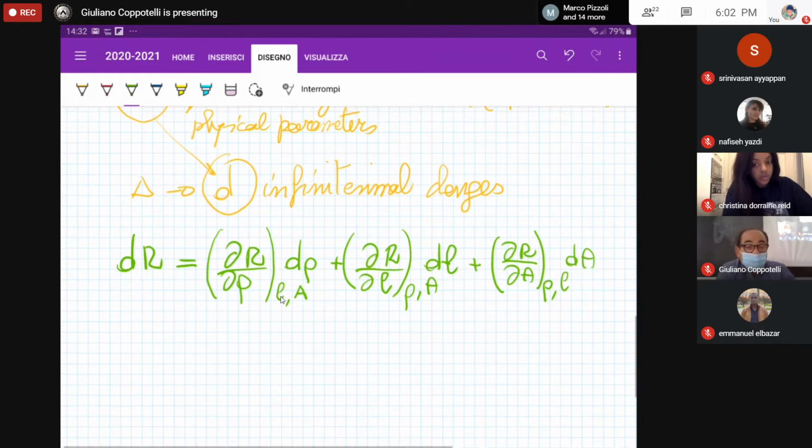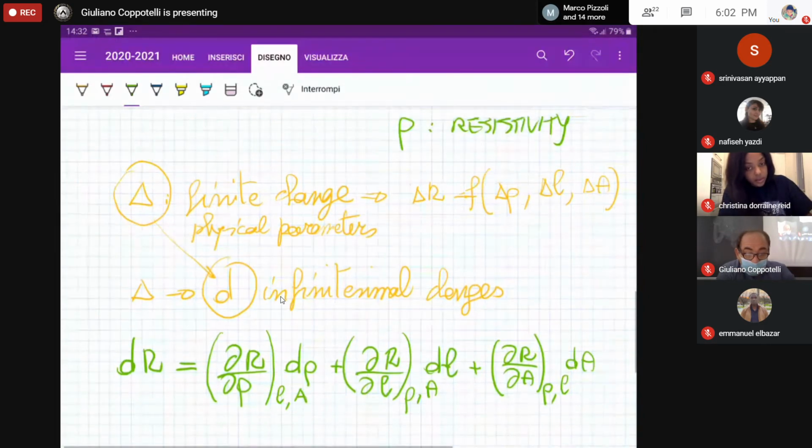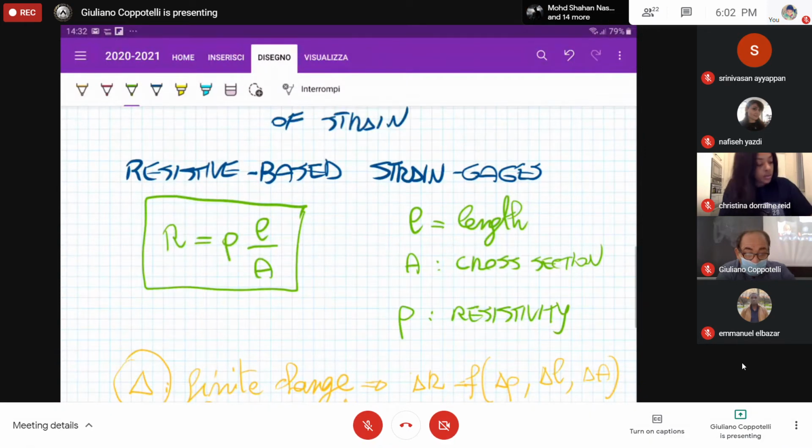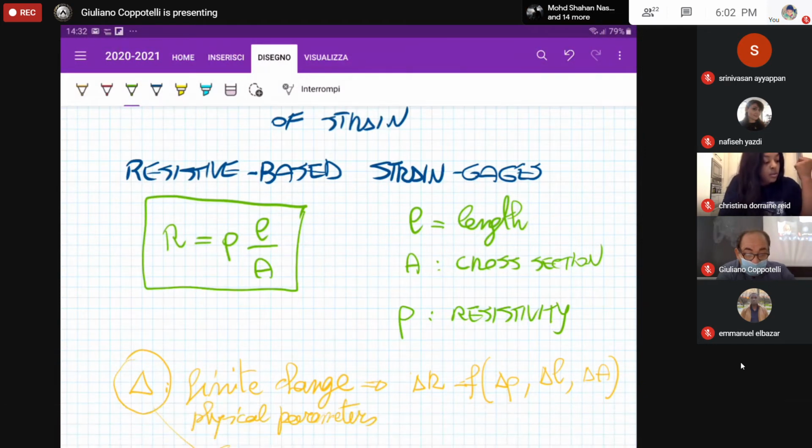Now, in those conditions, and by recalling that the resistance is a well-known function of the resistivity, the cross-section, and the length of the wire, from the first equation that I wrote we can take the derivatives of the resistance, using the equation that I'm showing you on the screen right now.